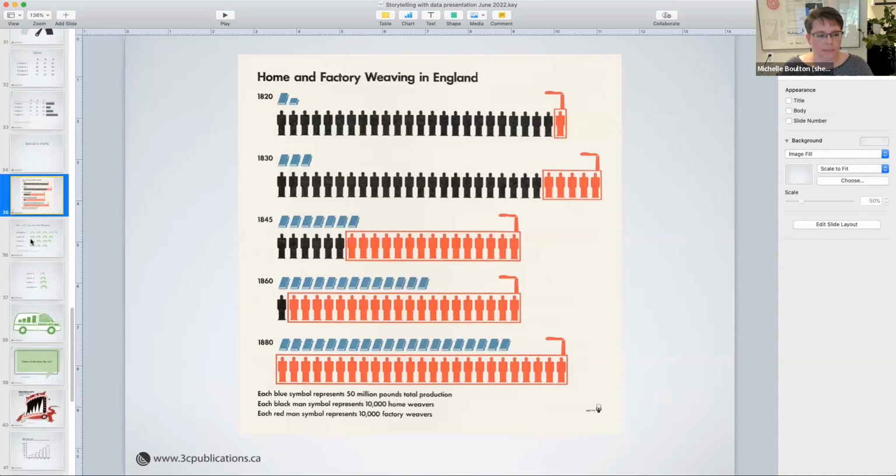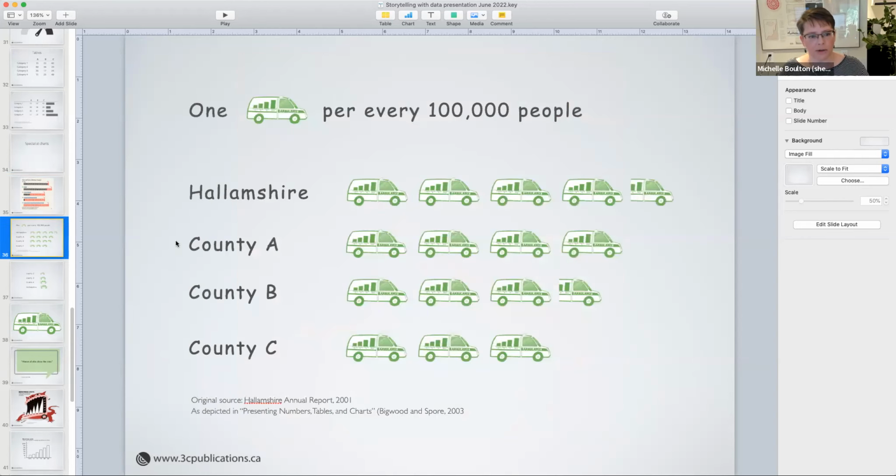It's a lot more complex than I'm getting into right now, actual isotype, but the idea of pictographs is very common. So here's an example from Presenting Numbers, Tables, and Charts, which is a book written by Sally Bigwood and Melissa Spohr. Here they've used the icon of the ambulance, and it represents one ambulance per 100,000 people in Hallamshire or these other counties.